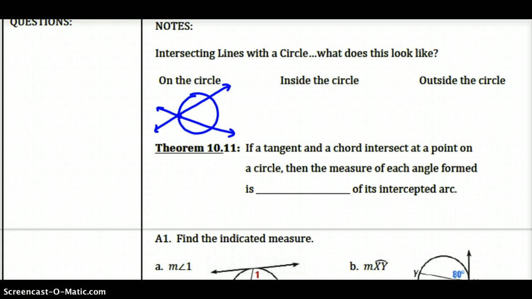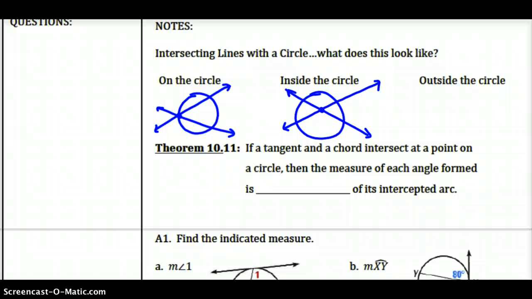So it kind of has a look of an inscribed angle. Inside the circle, we've got a circle here, a line here, and a line maybe doing something like this. Now, this could be a central angle, but it rarely is a central angle. This is just called an interior angle.